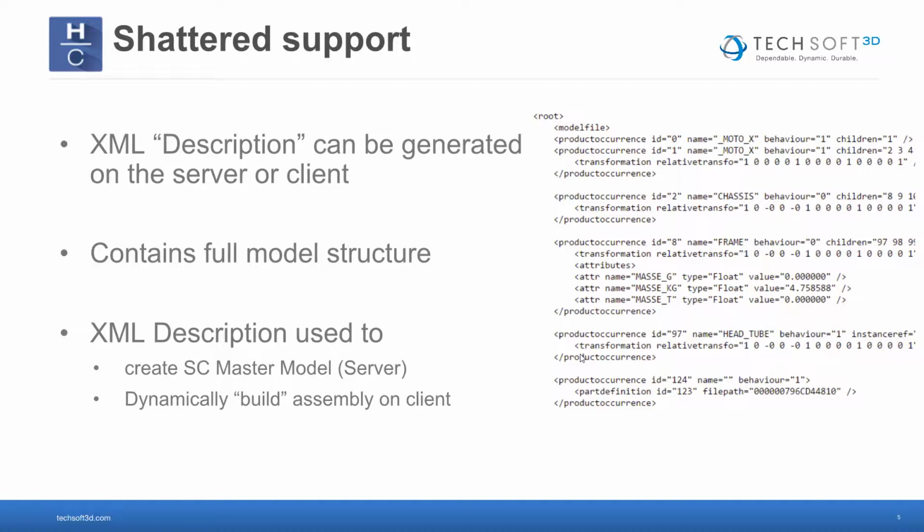A couple of things to look at here. We specify the name of this node in the assembly tree, the topmost node for this model file. In this case, we're talking about a model called MotoX. And then we need to specify, this is important, the relative transform of where we're going to put this model in the scene.